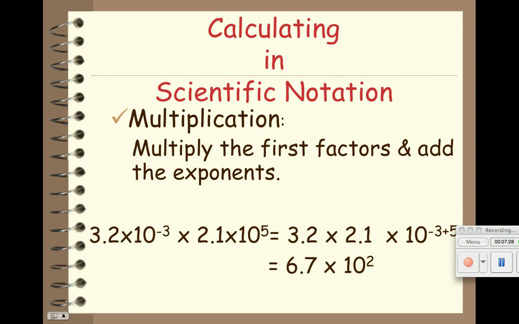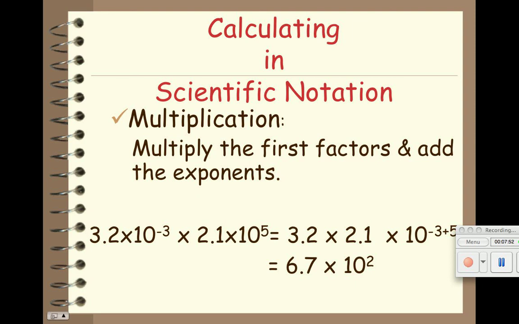But if you don't have a calculator, you can multiply, divide, add, and subtract numbers that are in scientific notation very easily. If I'm going to be multiplying, the first thing I'm going to do is multiply my first factors, and then I'm going to add the exponents. So in this particular example, I have 3.2 times 10 to the negative 3 times 2.1 times 10 to the 5th.